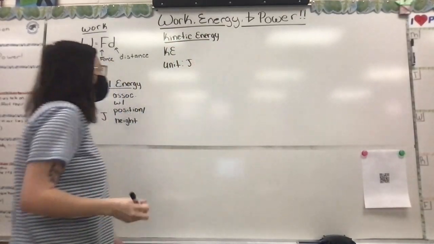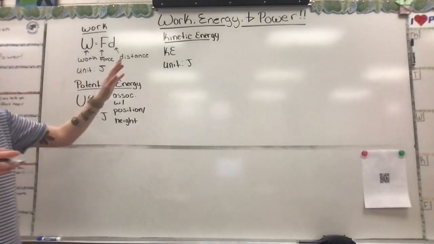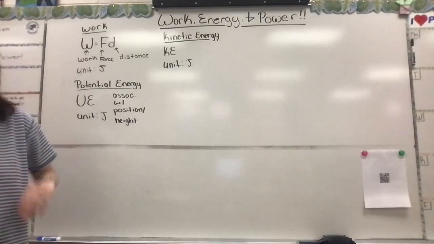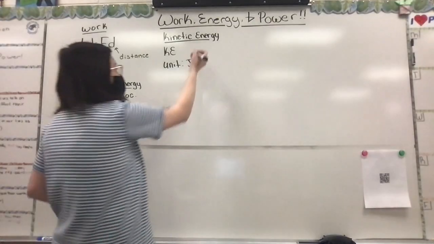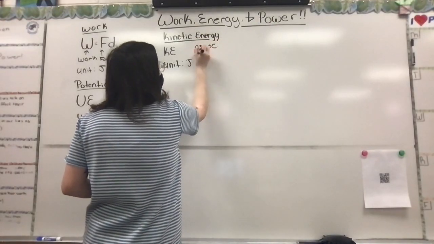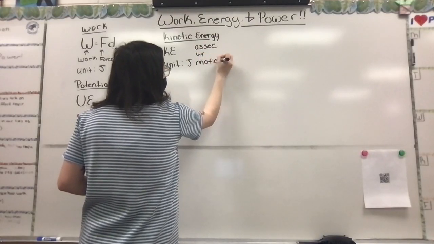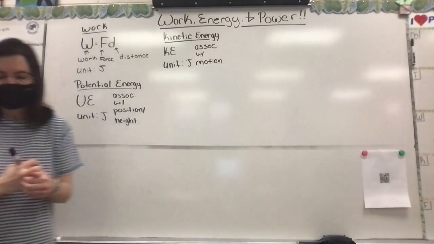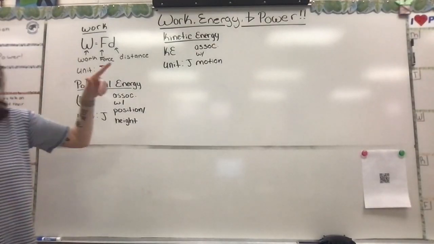Now, if potential energy is associated with position and height, what do you think kinetic energy is associated with? Movement, right? It's associated with motion. So we've covered the work, we've covered the energy.